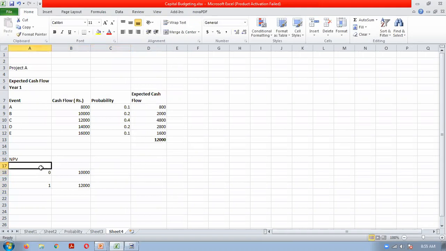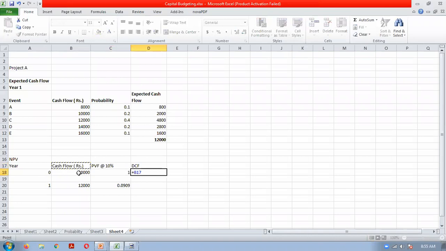Okay. Year, cash flow, rupees, PV factor at 10%. Okay, discounted cash flow. So 0 year PV is always 1, and for 10% the first year factor is 0.909.